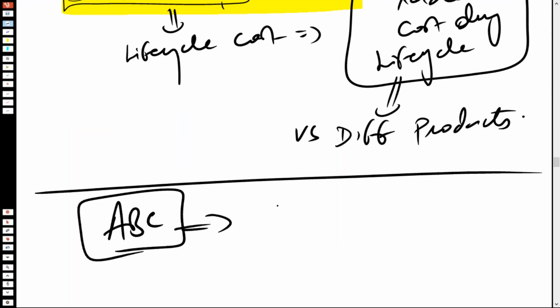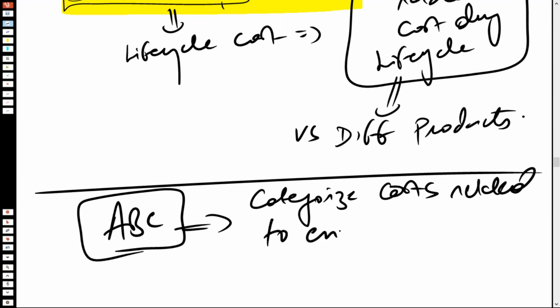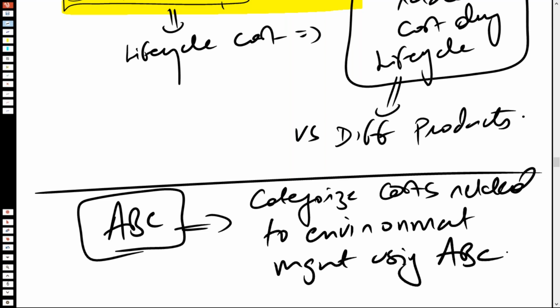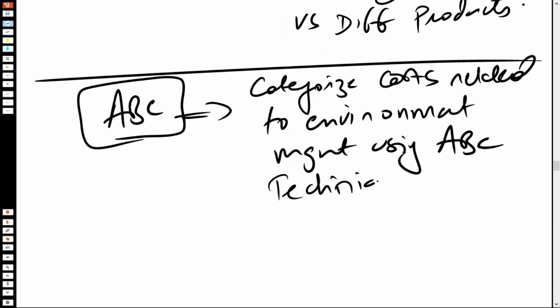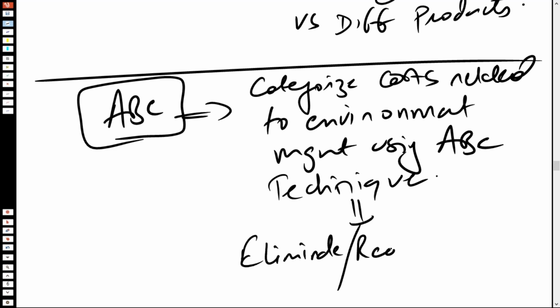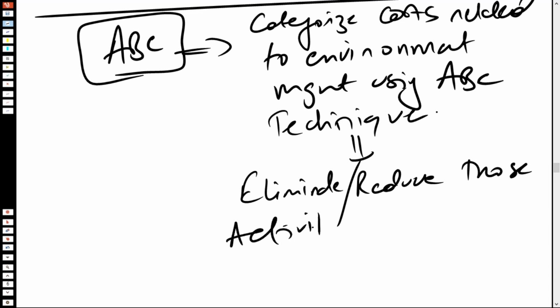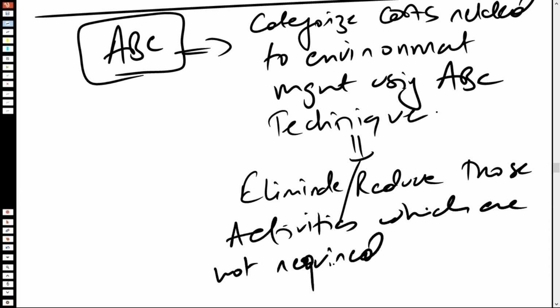And when we talk about this activity based costing, what you actually do is categorize the cost related to environment management using ABC technique, and then you eliminate, you reduce those activities which are not required.